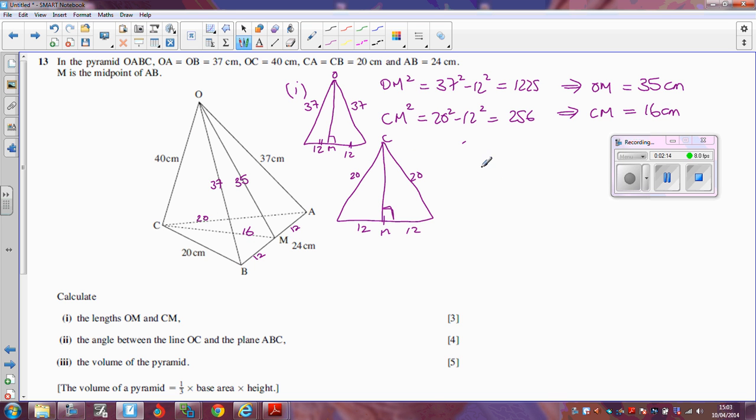And in fact, if I just draw the triangle that we need, here's O, here's C, here is M. The angle that we need is this one here, which is theta. CM we've just established is 16. CO is 40. OM we've just discovered is 35. So we have a triangle here where we know the length of all three sides. So I'm going to be using the cosine rule to find the value of theta.